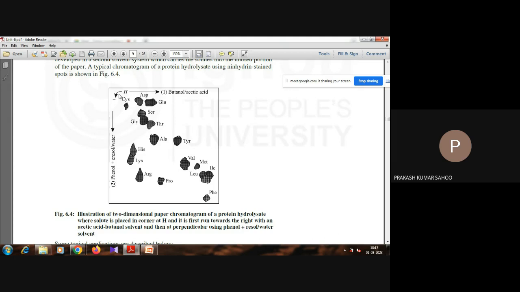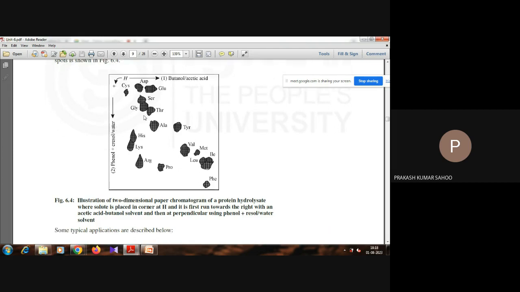Then the chromatogram is developed using one solvent, where the solute migrates parallel to one edge of the paper. Next, the paper is turned 90 degrees and developed in a second solvent system, which carries the solute into the unused portion of the paper. A typical chromatogram is given here.